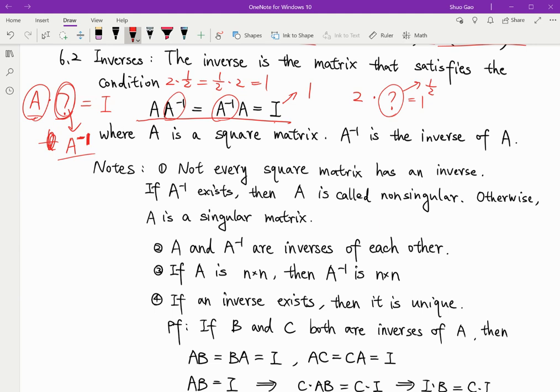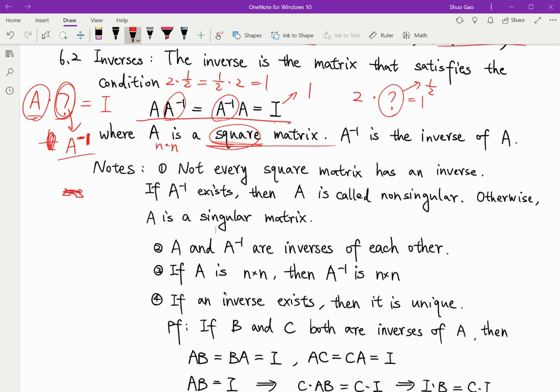Here's a condition for the matrix A: A has to be a square matrix. It has to be an n by n square matrix. Otherwise, A has no inverse, right? We have to remember that if A is like 2 by 3, we haven't talked about how to actually find the inverse of the matrix. We learn that in chapter 5.